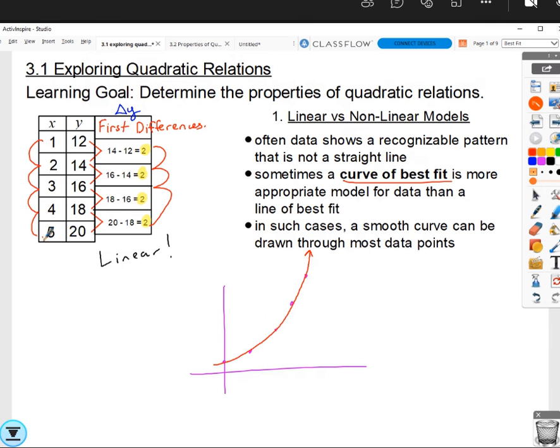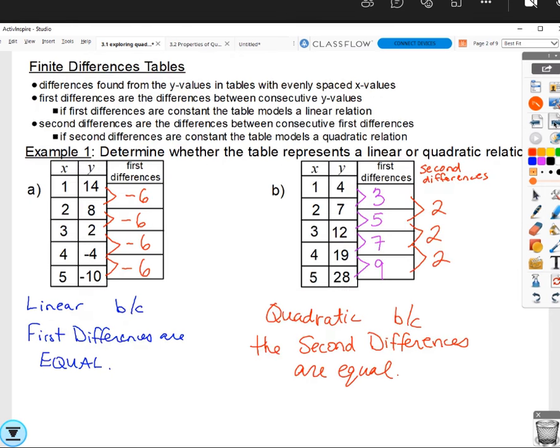And the relationship in a curve was more or less like this example over here, part B. Part A was linear for sure because the first differences are all equal. However, if you look at part B, the second differences are all equal. Some people might call the second differences the first differences of the first differences, but that's a little crazy. We got all the y values here.